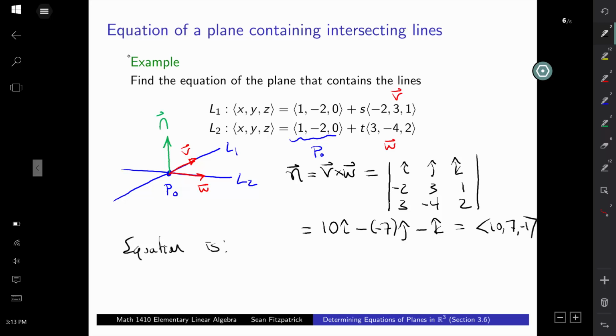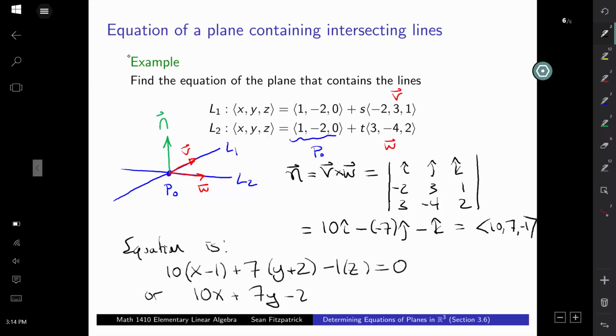Our equation is going to be 10 times x minus 1 plus 7 times y, subtract -2, so y plus 2, minus 1 times z minus 0, so just minus z, equals 0. And if we want to simplify that, and again, you don't have to, but you might want to, 10x plus 7y minus z is equal to 10 minus 14, minus 4.